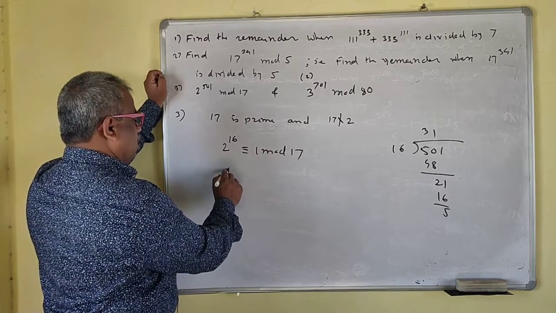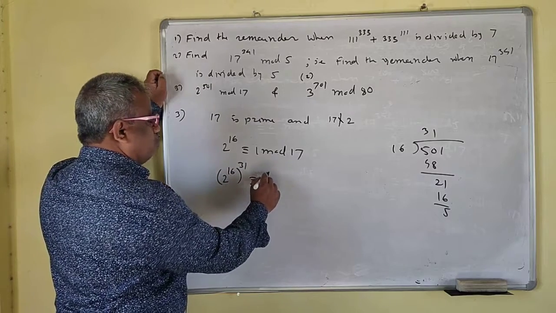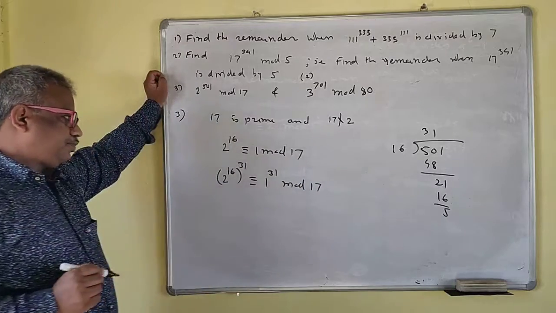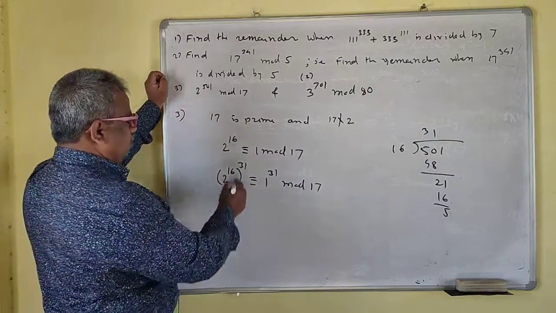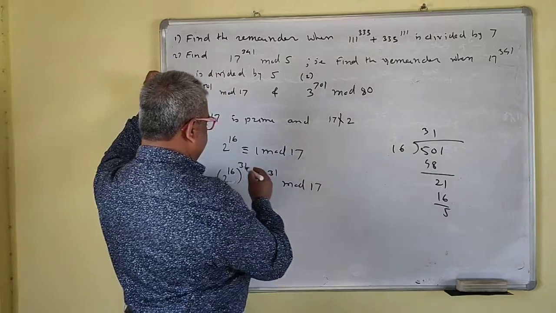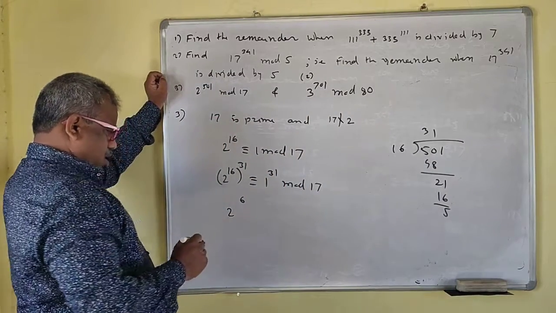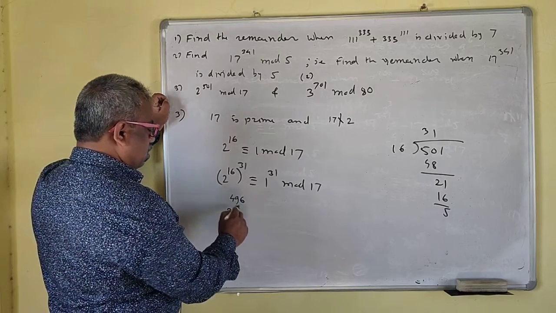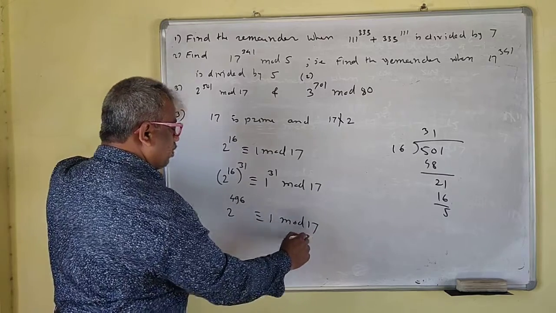Now 2 to the power 16 to the power 31 is congruent to 1 to the power 31 mod 17. Now just multiply: 16 times 31 is 496. So 2 to the power 496 is congruent to 1 mod 17.